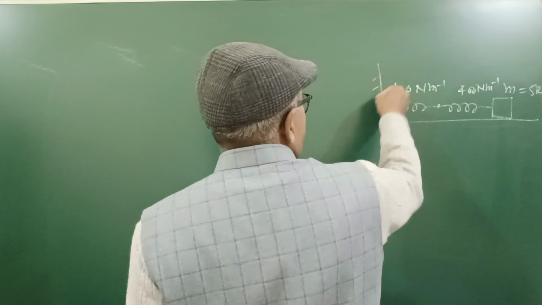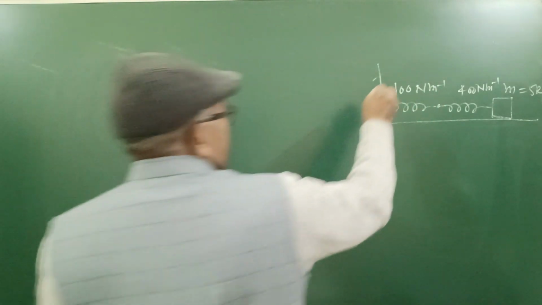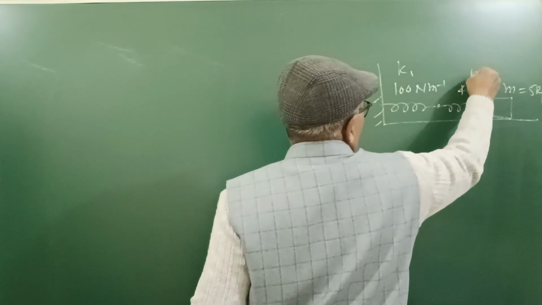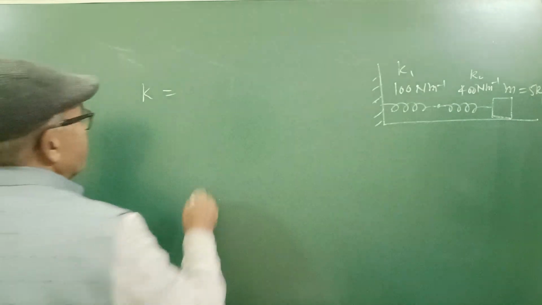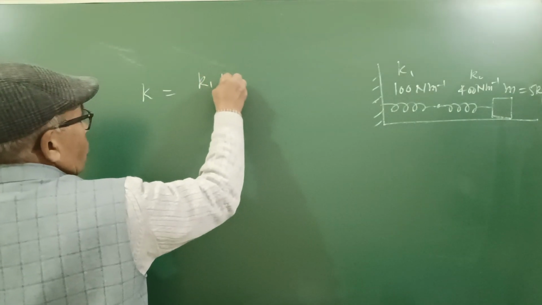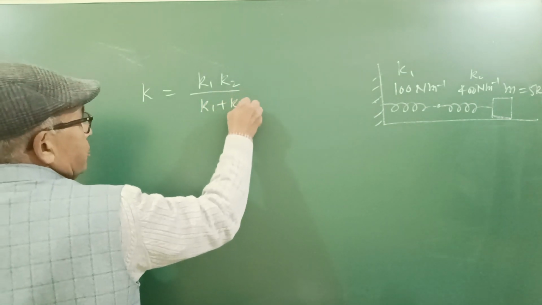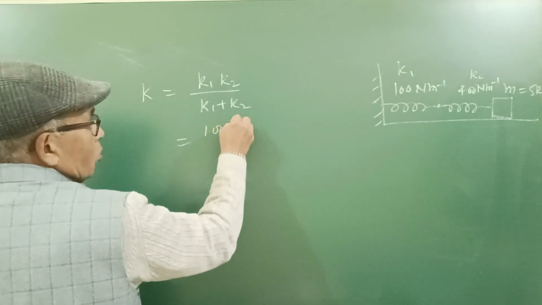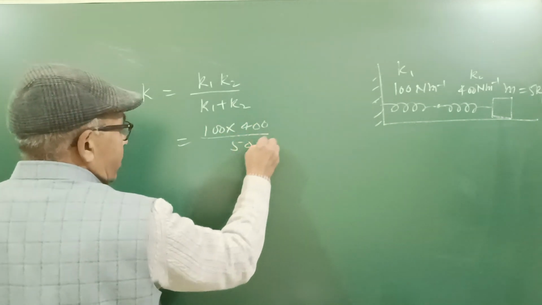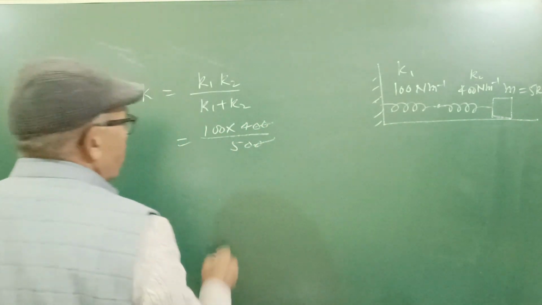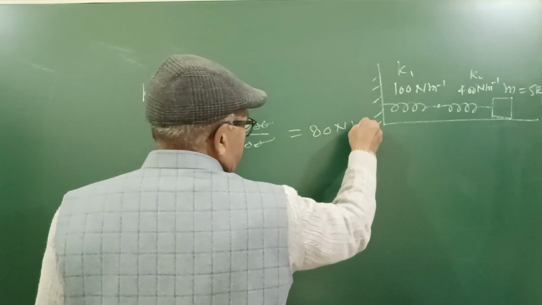I have proved that when springs are in series, the equivalent spring constant K is equal to K1 K2 upon K1 plus K2. 100 into 400 upon 500. It is 80 Newton per meter.